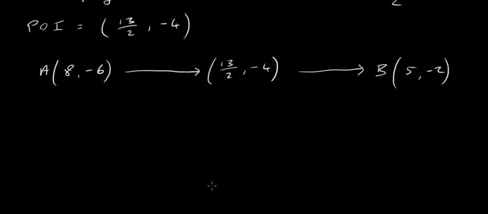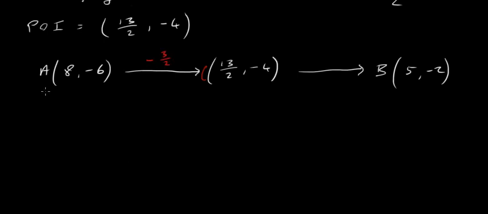So if we have a look at this, what would we need to do here to go from A to, we'll call this C here? What do we need to do to go from A to C here? Well, we want to go from 8 to 13 over 2. Well, we would actually have to subtract 3 over 2.